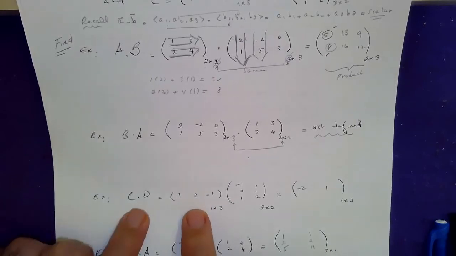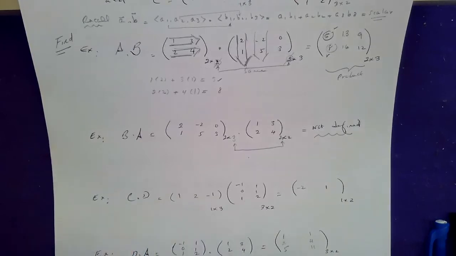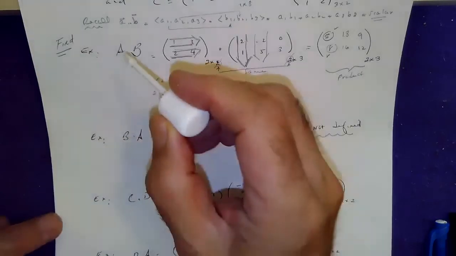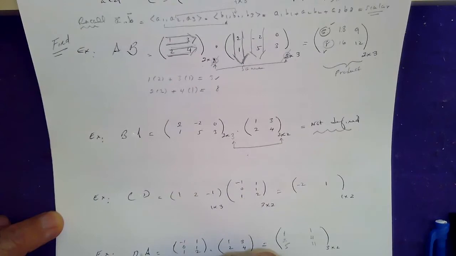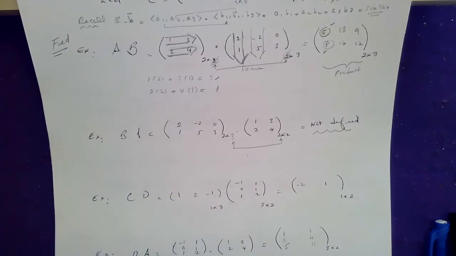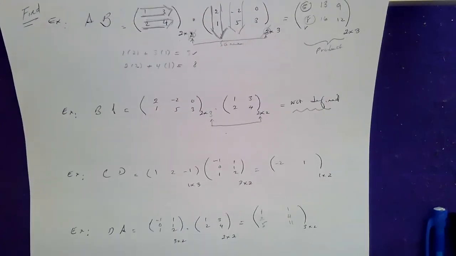What about C times D? Just to make sure you know, these are not dot products, so let me erase these dots. These are multiplications of matrices. Sorry about that. So what is this?